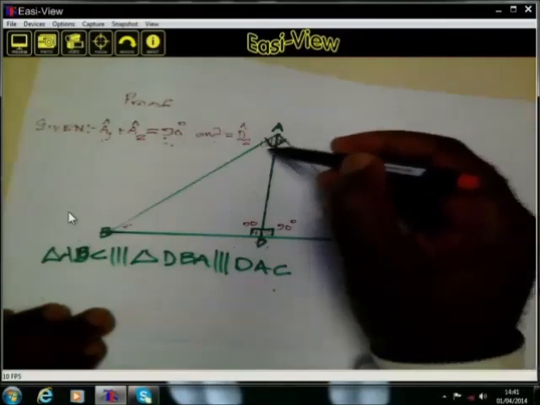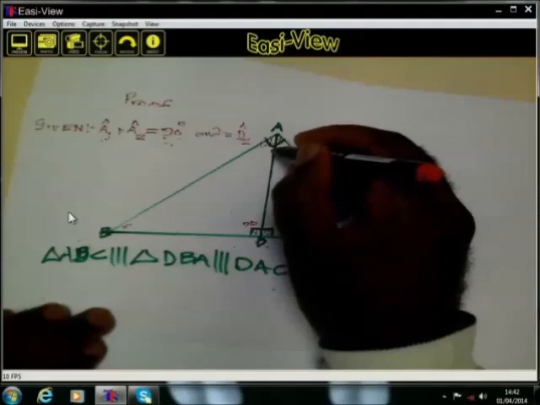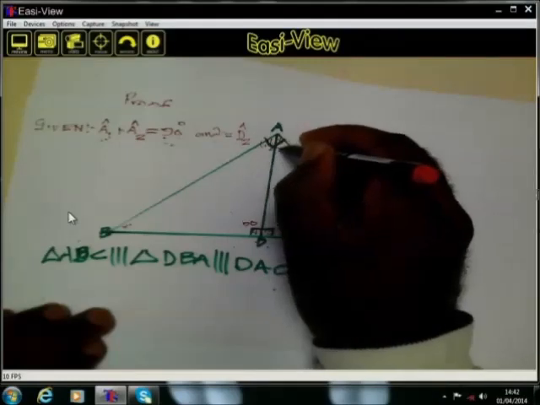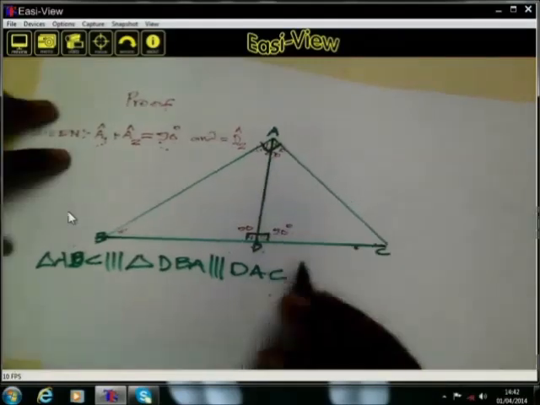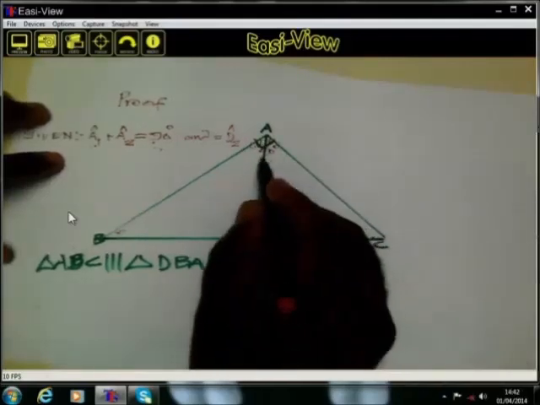for triangle ABC, this angle is 90. But now, if we look at it, A1 will not be 90.